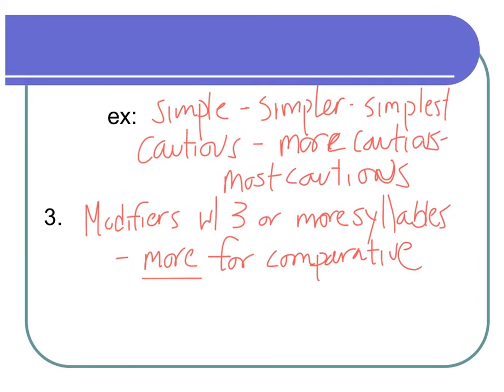Okay? And then we're going to add most for the superlative form. So it only gets tricky where you get 2 syllable words, where some would just add ER-EST, others would be adding more and most.